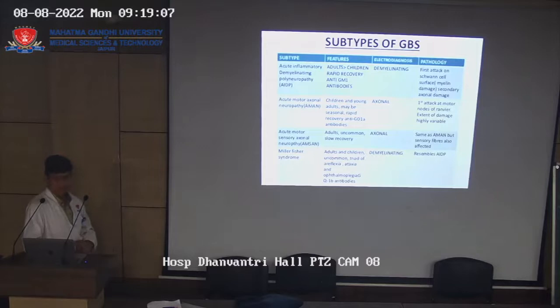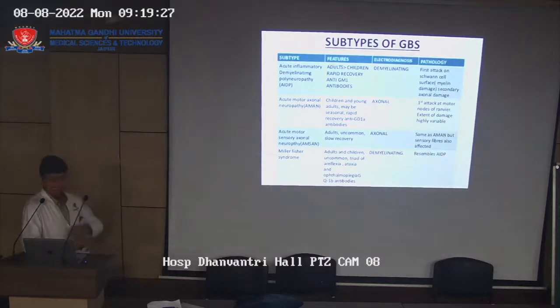AIDP is more commonly seen in adults rather than children. There is rapid recovery, and the antibodies are directed against anti-GM1. When you go for electrodiagnostic studies, the features predominantly show demyelination.